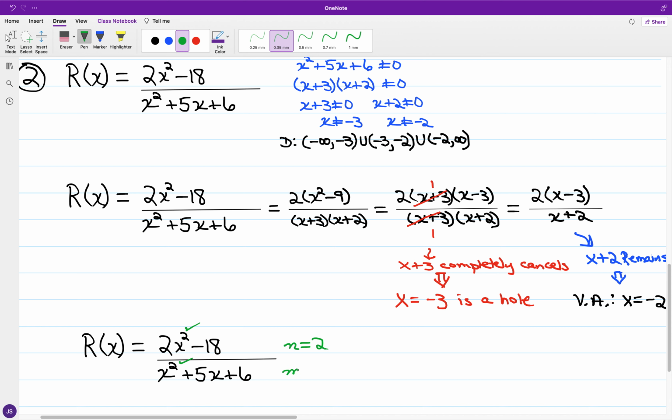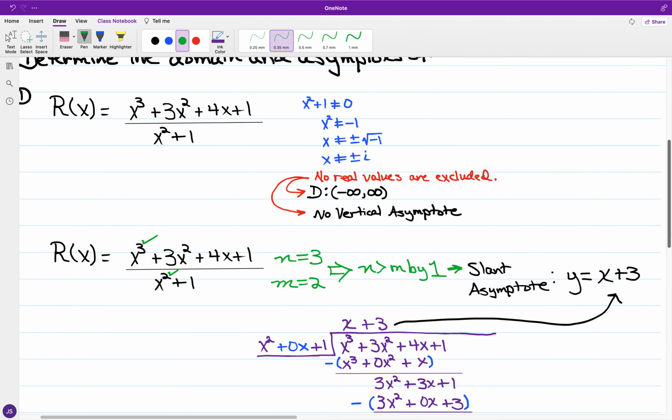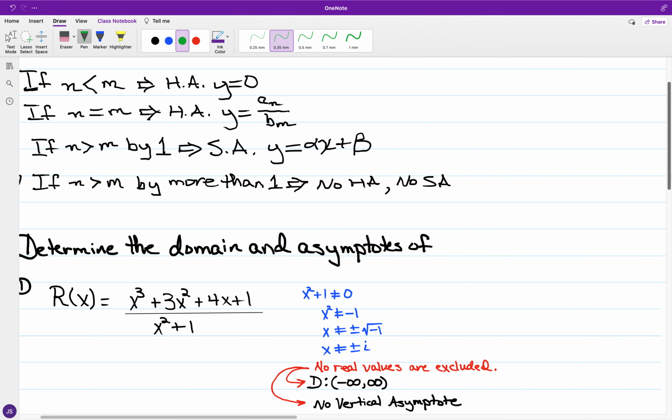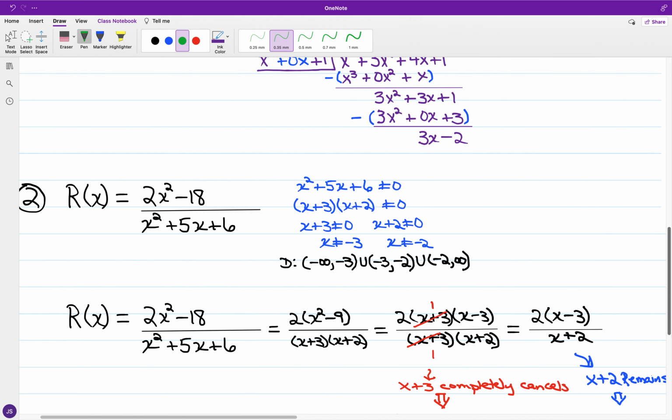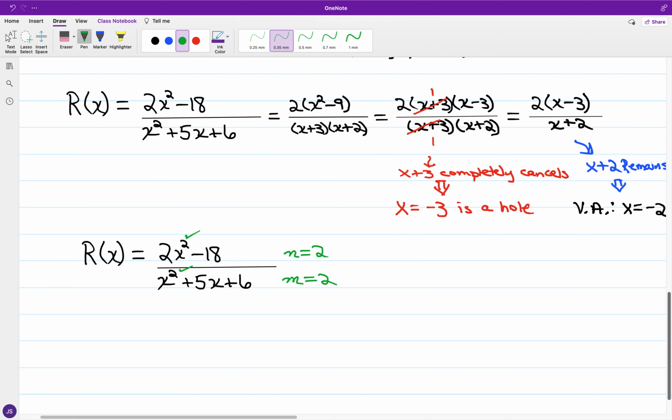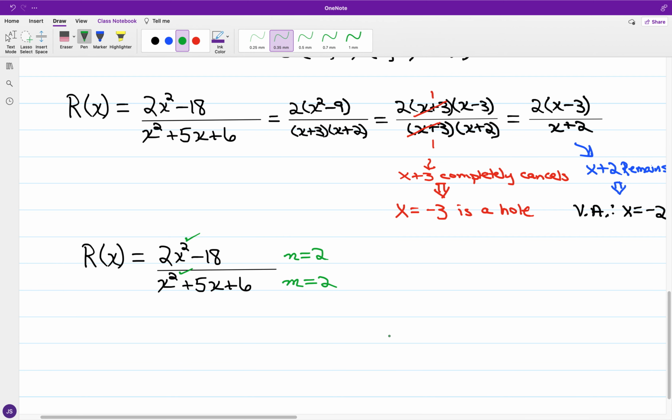So n is equal to 2 and m is equal to 2, and both n and m are the same value. If n is equal to m, we have a horizontal asymptote, y equal to the constant obtained by taking the quotient of the highest degree terms in the numerator and denominator.